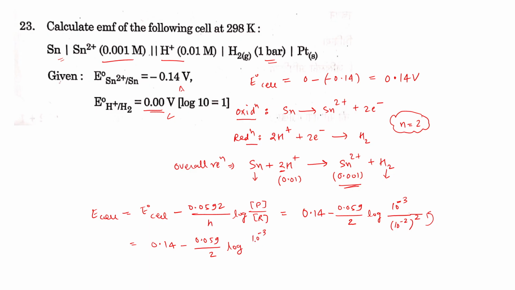So this will be 0.14 minus 0.059 by 2 times log 10. Log 10 is nothing but 1. So when we solve this question, we get E cell equals 0.11 volt, and this is the correct option.